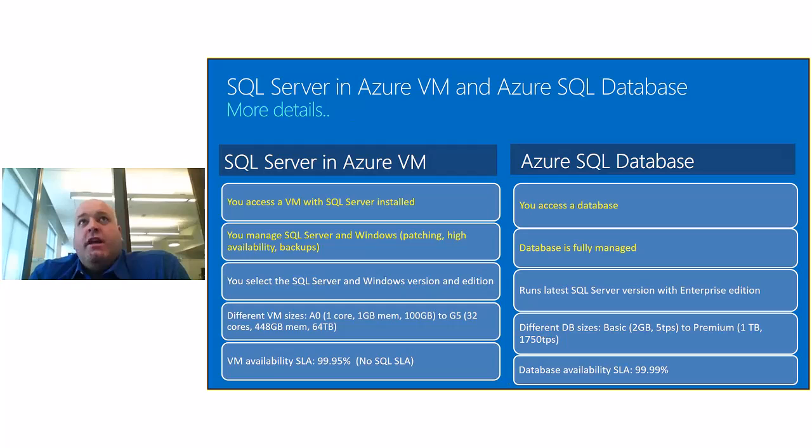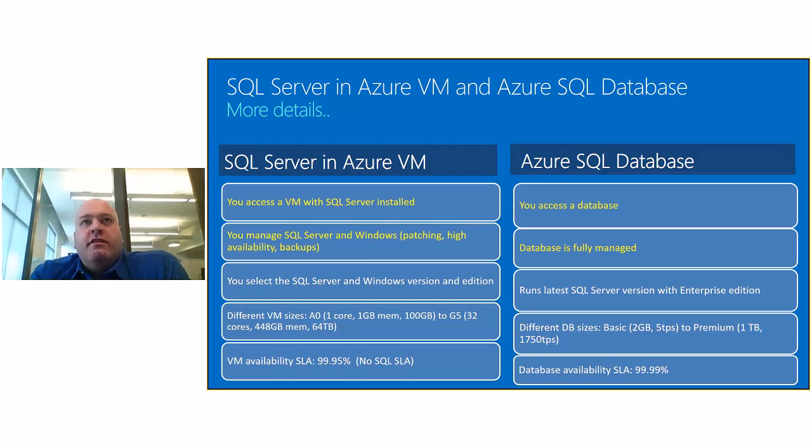In contrast, in Azure SQL Database, you get a database. You get access to a single database. It's fully managed, everything from integrity to backups, fault tolerance, high availability. It's all managed on the back end. You don't have to worry about any of that. It will always run the latest version of SQL Server with Enterprise Edition, and we offer different sizes there.